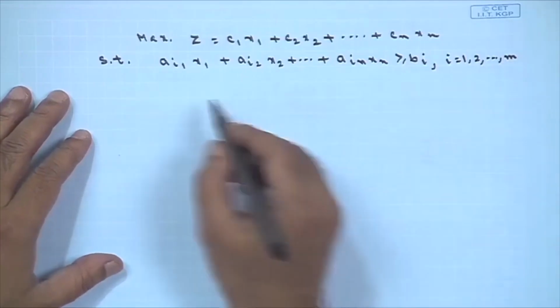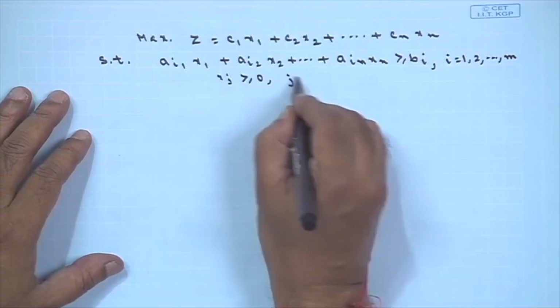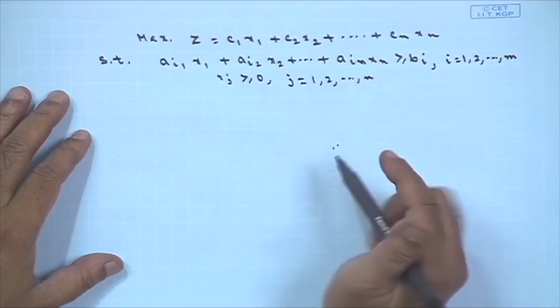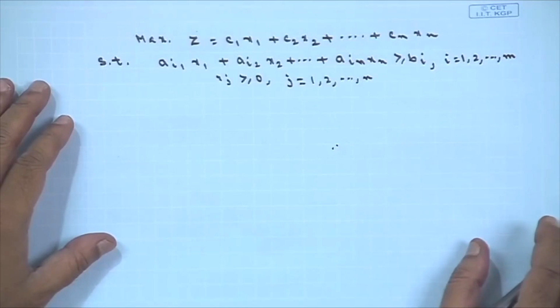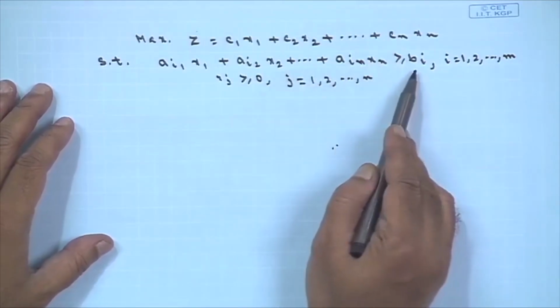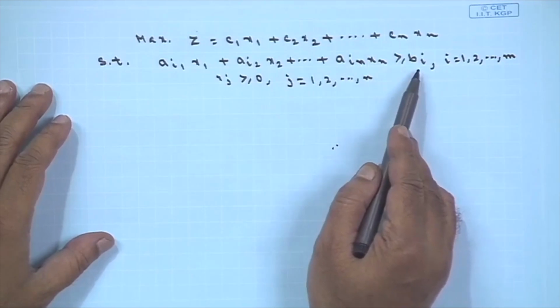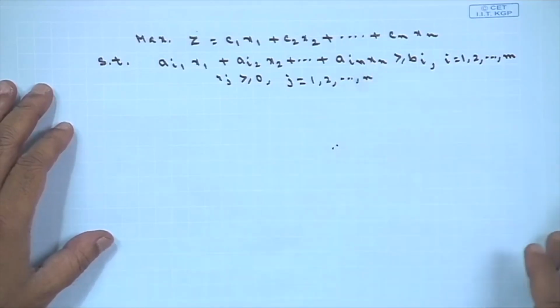And xj greater than equals 0, where j equals 1 to n, that is, you have n decision variables and m constraints. So, what I have to do here? To make all these m equations equality, I have to add m artificial variables and m surplus variables.